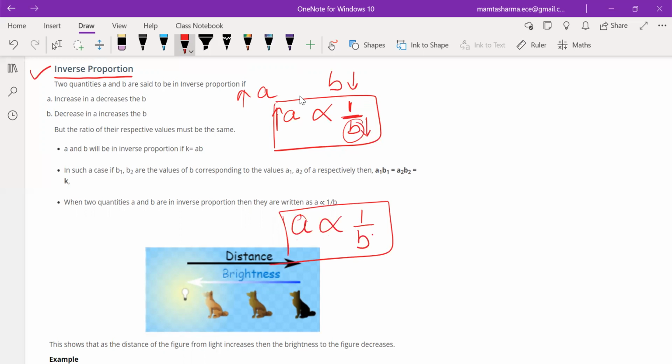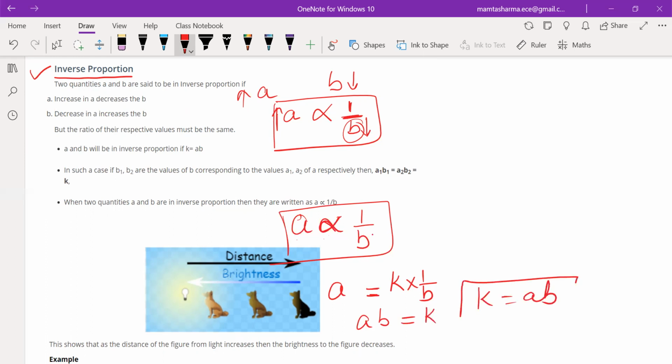Now when we remove this proportional sign and use the equal sign, then one constant will appear in the multiplication of this term 1 by B. Now this constant value, if we cross multiply B with A, AB equal to K. So this constant value will be A into B. It means the multiplication of both the quantities will remain constant.